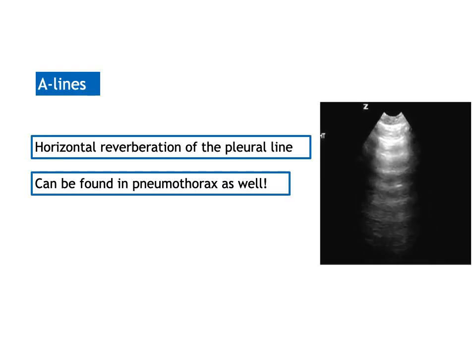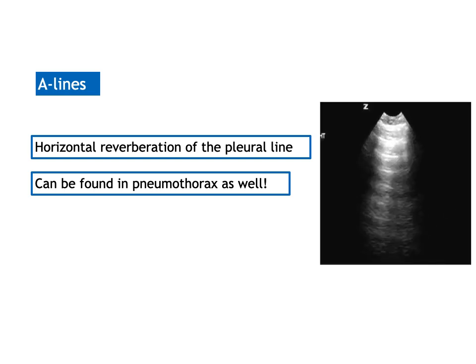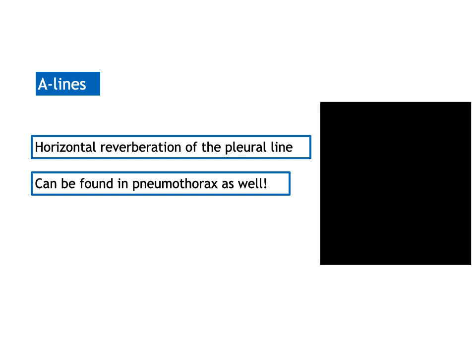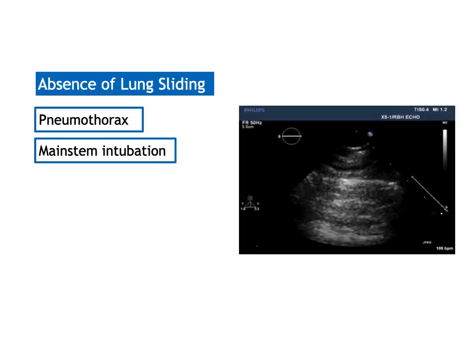And then moving forward to the presence of A lines, we have horizontal reverberations, as we discussed in the last two slides. These are mirror-shaped artifacts, as we said, of the pleural line at equal distance, and they move together with the sliding. But remember, they could be found in pneumothorax as well.